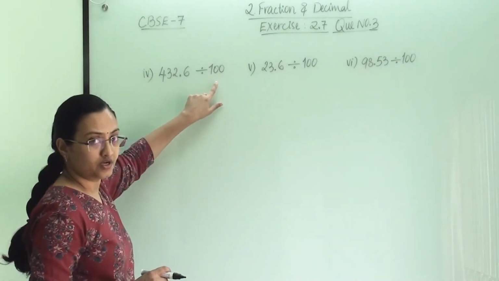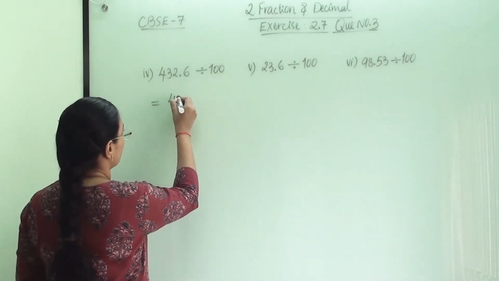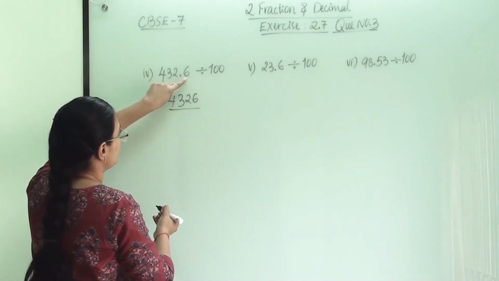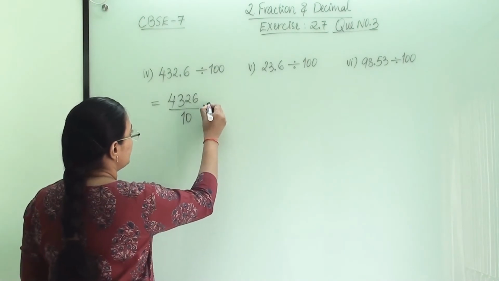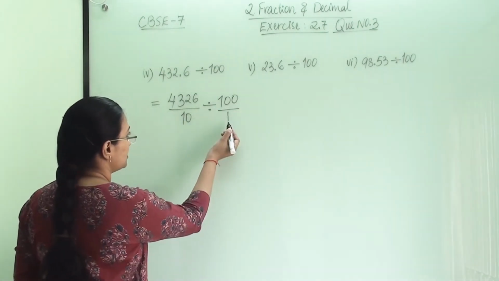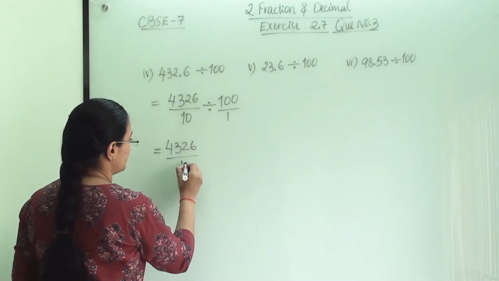Fourth numerical is 432.6 divided by 100. Let us first convert this into its fraction form, that is 4326, and since after the decimal 1 number is there, we write 10. Then divided by 100, and we write 1 in its denominator. 4326 over 10.